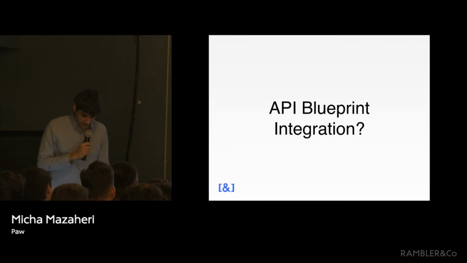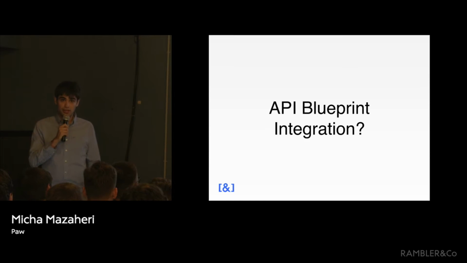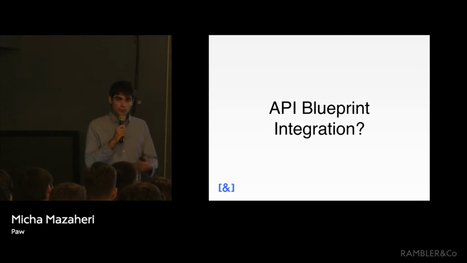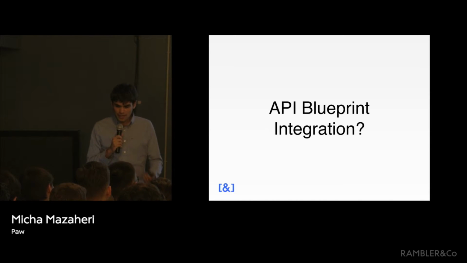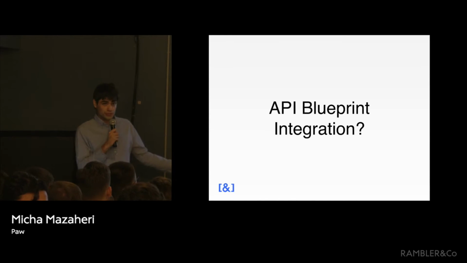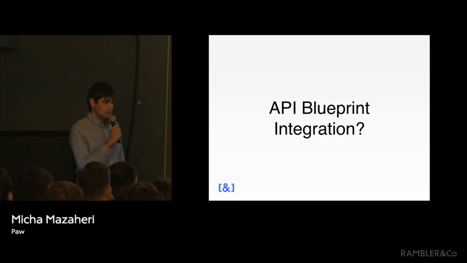So how did it start? One day we had the people at API Blueprint, which is an API description format like Swagger or RAML. They contacted us saying we'd love to have an import and export of API Blueprint for POW. We were thinking, that's really great, but if API Blueprint wants an integration, then Swagger will ask one, RAML will ask one, other people will ask some custom things.